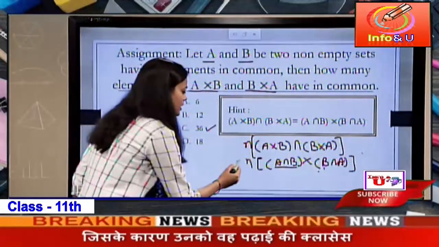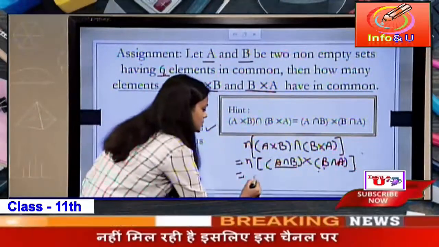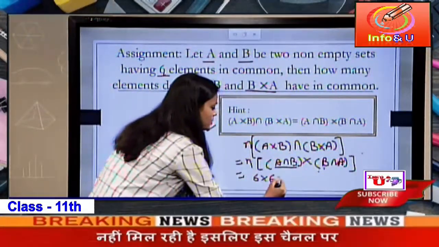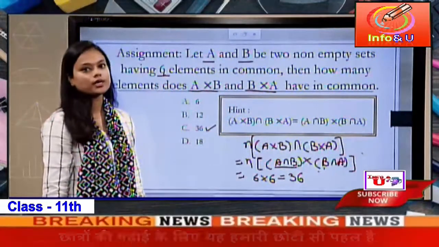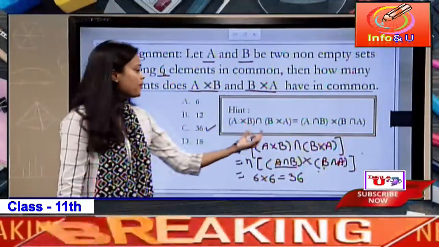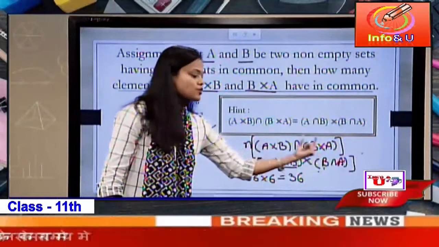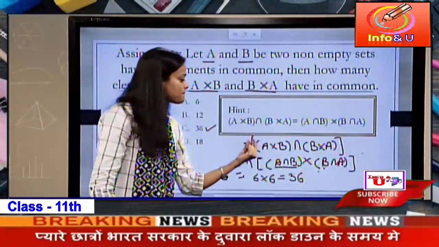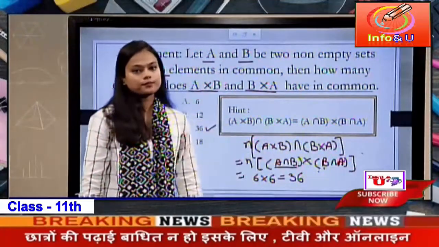So the number of elements in this becomes 6 into 6, which is equal to 36. This is how we get this answer. 36 elements are common in these two Cartesian products when we take the product of A with B and B with A.